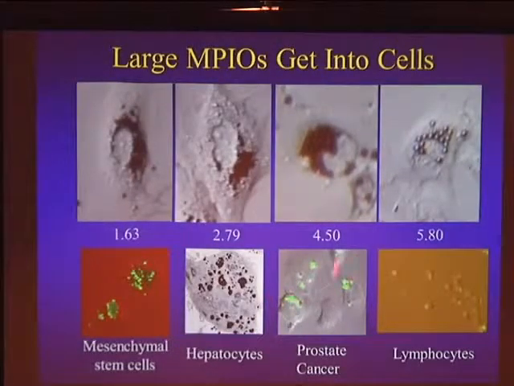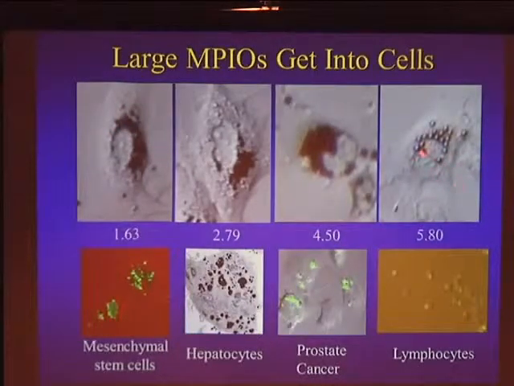So Eric Shapiro in my lab decided, well, instead of using the nanoparticles, why don't we use micron-sized particles? So we call these MPIOs. And it turns out these particles are used quite frequently by cell biologists to separate cells. So these are just standard particles you'd get from Bangs or Dynal, and you might use them to magnetically sort cells. And cells just love to take them up. So here's a hepatocyte with the 1.6 micron.